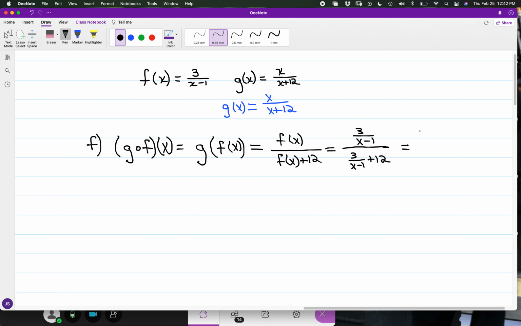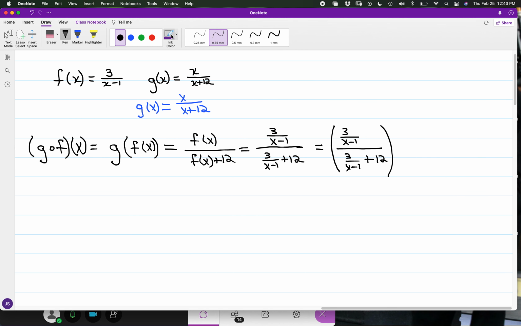And here we can get out of this notation if I multiply the top and bottom portions by 1 in the form of x minus 1 over itself.